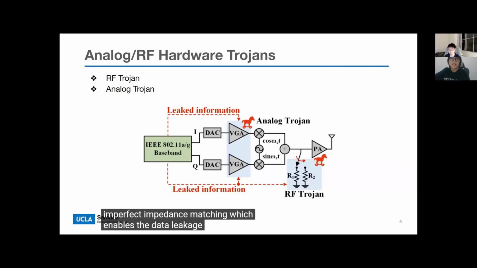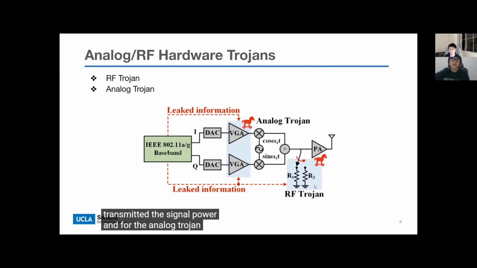This enables the data leakage by manipulating the termination impedance of the target IC by the attacker. As you can see here, by turning on and off these slightly different resistors, the input termination impedance is systematically altered, which further varies the power amplifier's input reflection coefficient and the transmitted signal power.